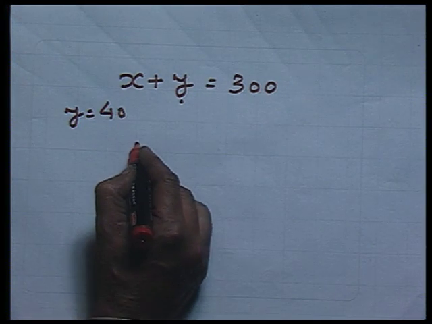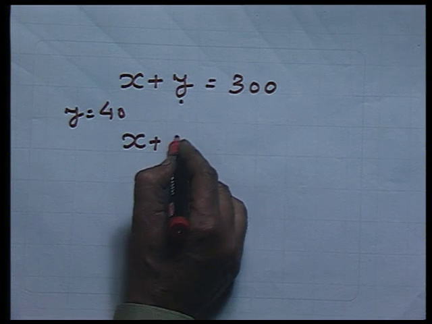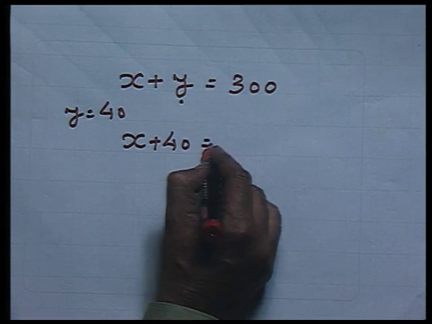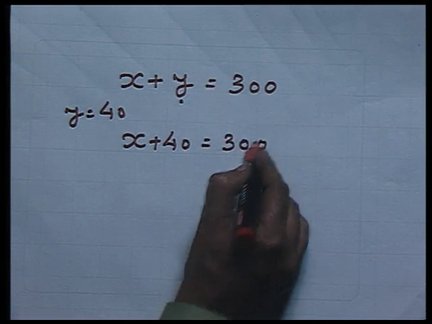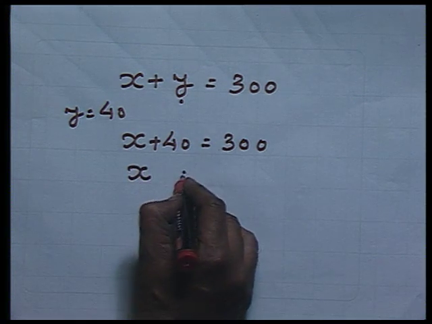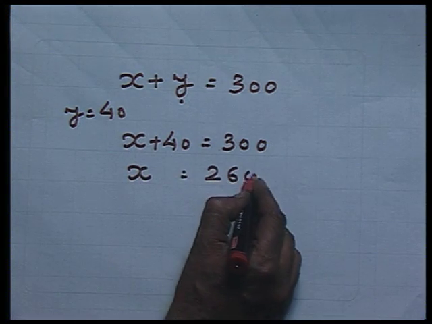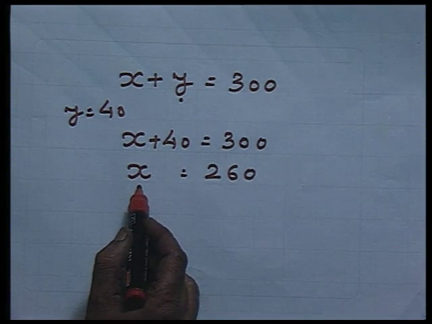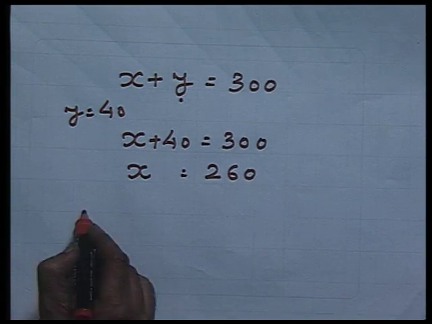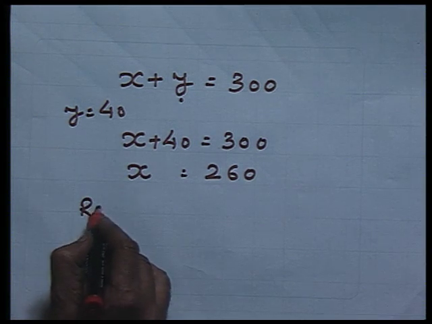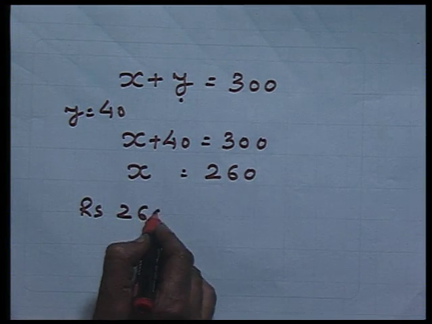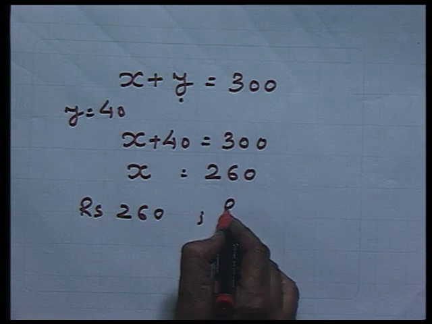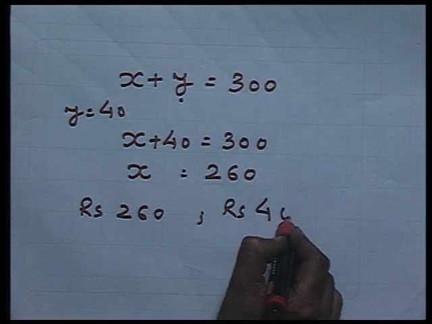So, substituting this value, we get x plus 40 equals 300, and therefore, x is equal to 260. And now, you can very well make out what is the cost for full ticket? The cost for full ticket is rupees 260, and the reservation charges are rupees 40.